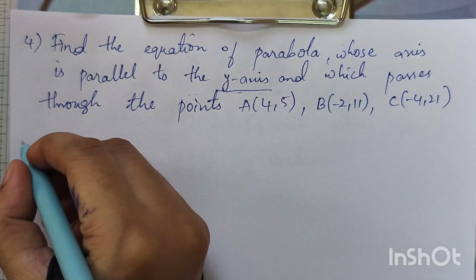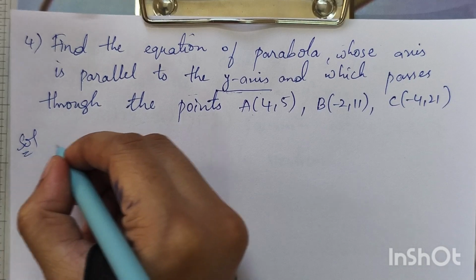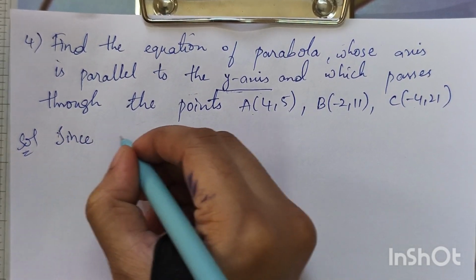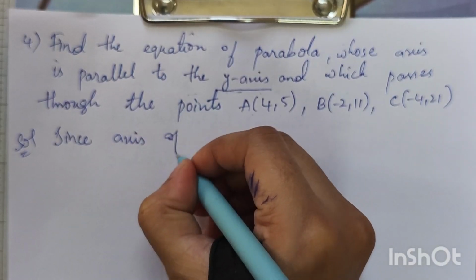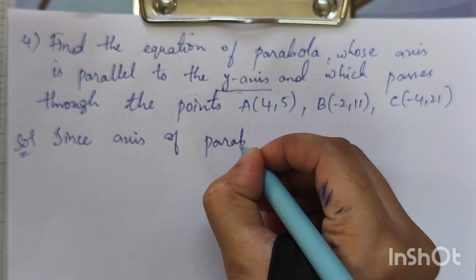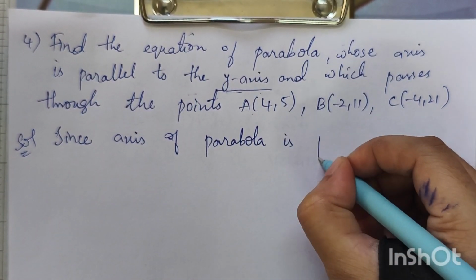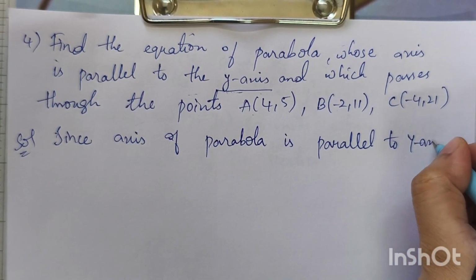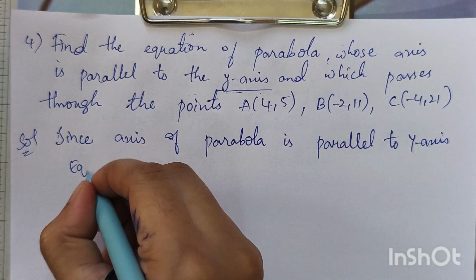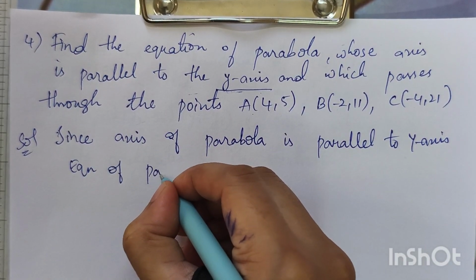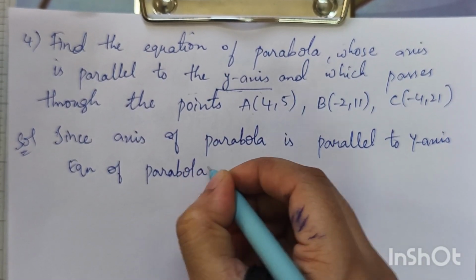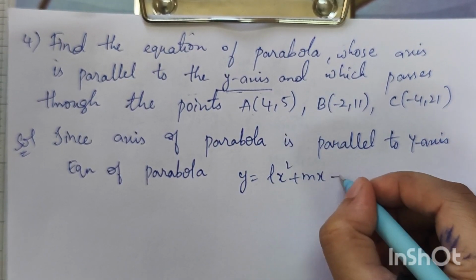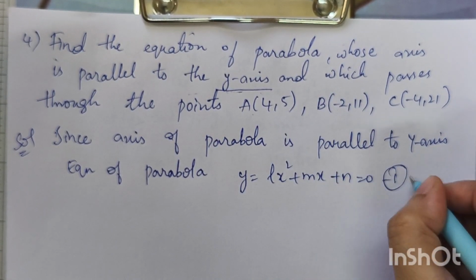So the given equation is parallel to the y-axis. Since the axis of the parabola is parallel to the y-axis, the equation of the parabola will be y equals lx square plus mx plus n, equation 1.